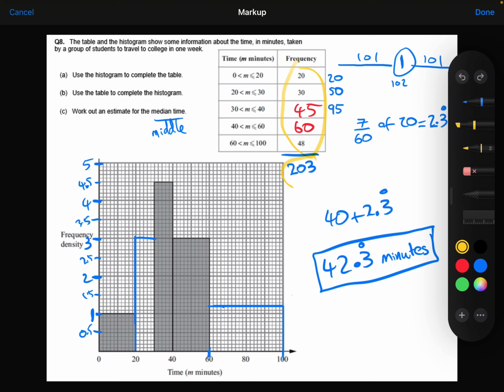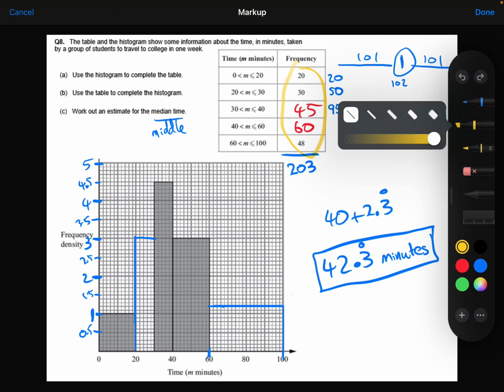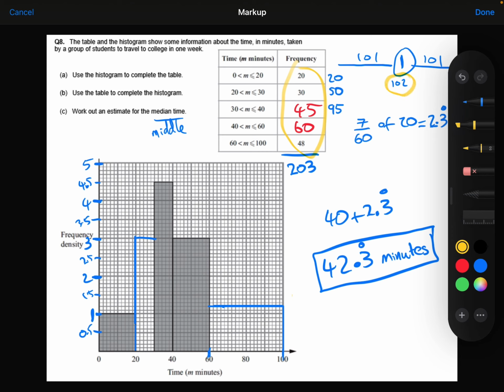So half of 203 doesn't go nicely, but that's fine, because that just means that the 102nd person is in the middle. I've got 101 people on one side, 101 on the other. The 102nd person is stood right in the middle of all of that. So then I'm looking to see, where is the 102nd person? How much time did they take?